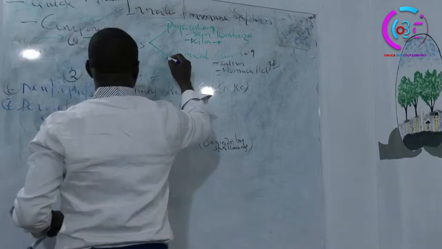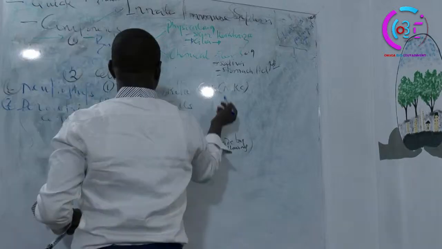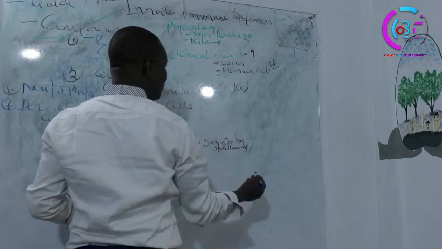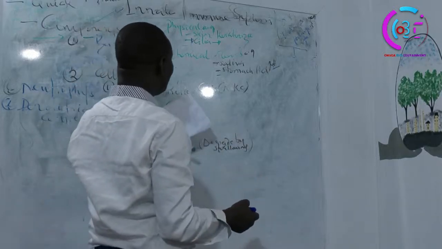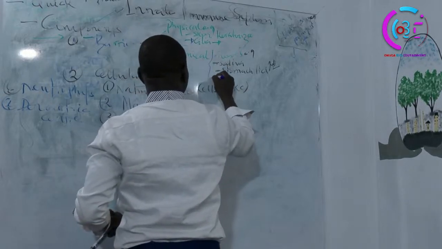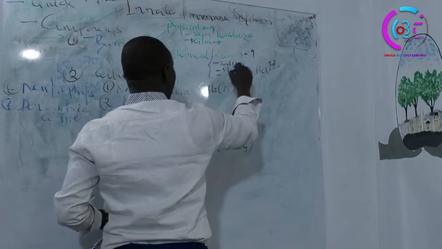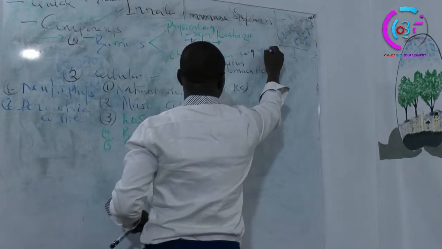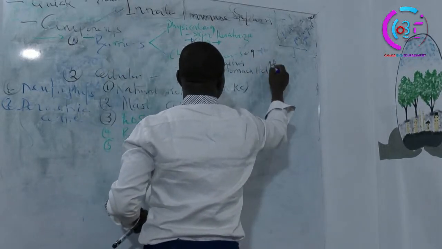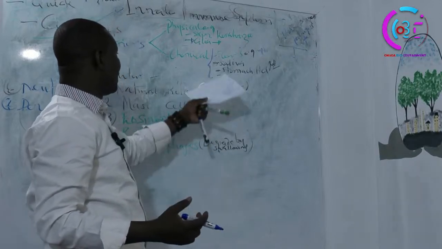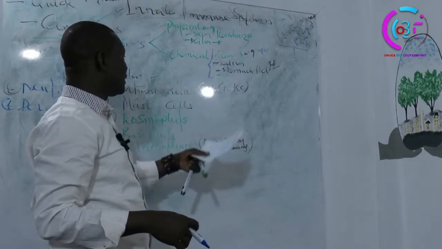Then another component that is chemical in nature. I told you that these ones are chemicals that hydrolyze, that highly degrade microorganisms. They have the ability to degrade microorganisms, such as tears, such as saliva.